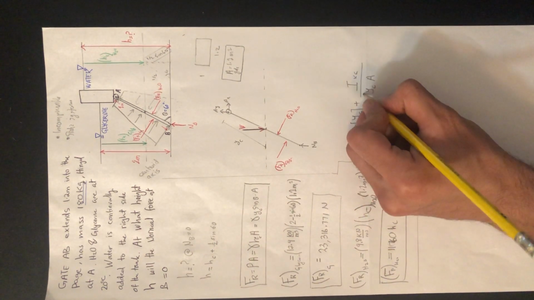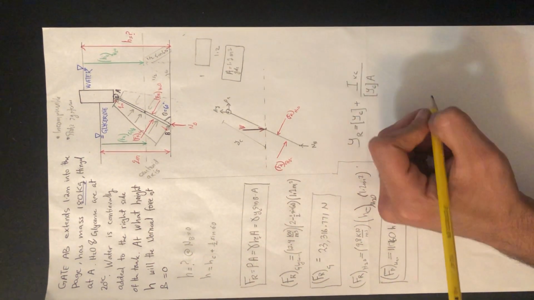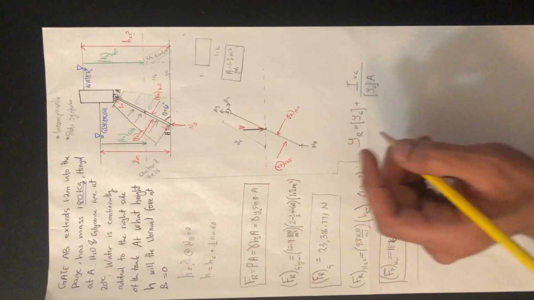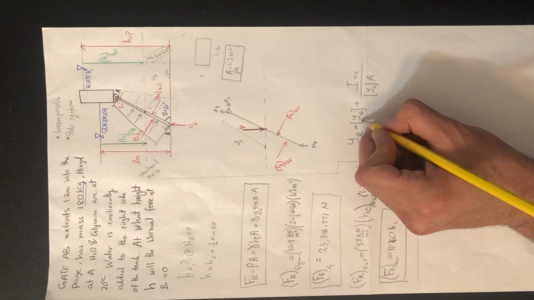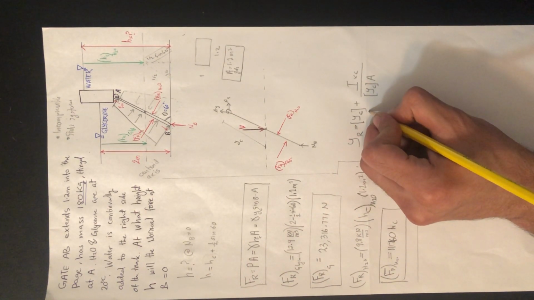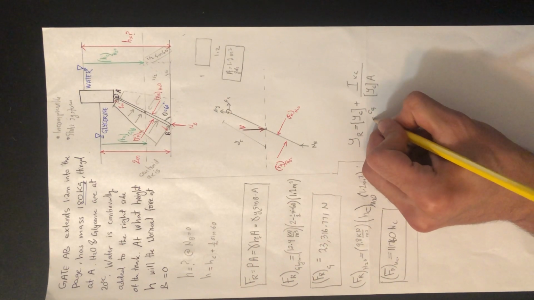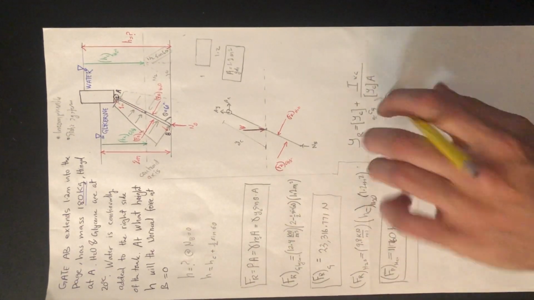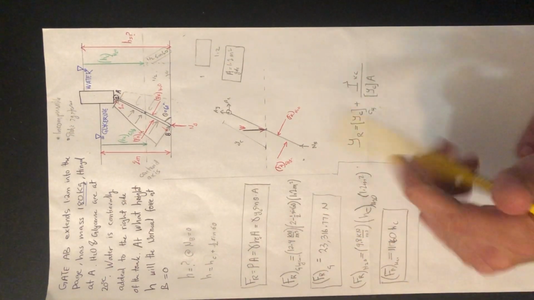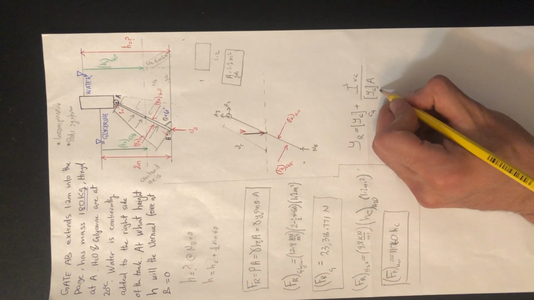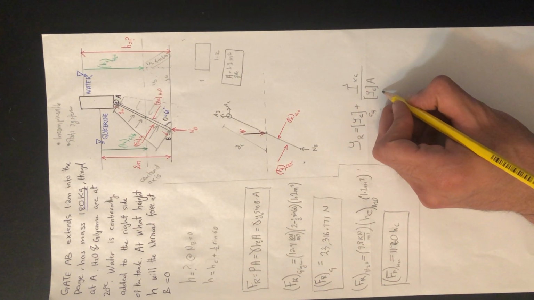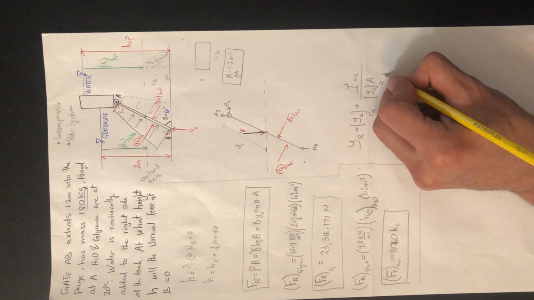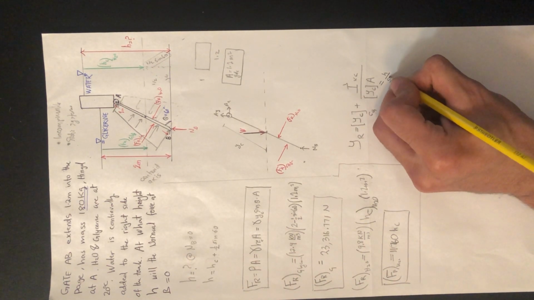These two YC values are not the same value in this case. Our first YC value is our center of gravity of the gate. So you just do CG, and our YC in the denominator is H minus H over sine 60.